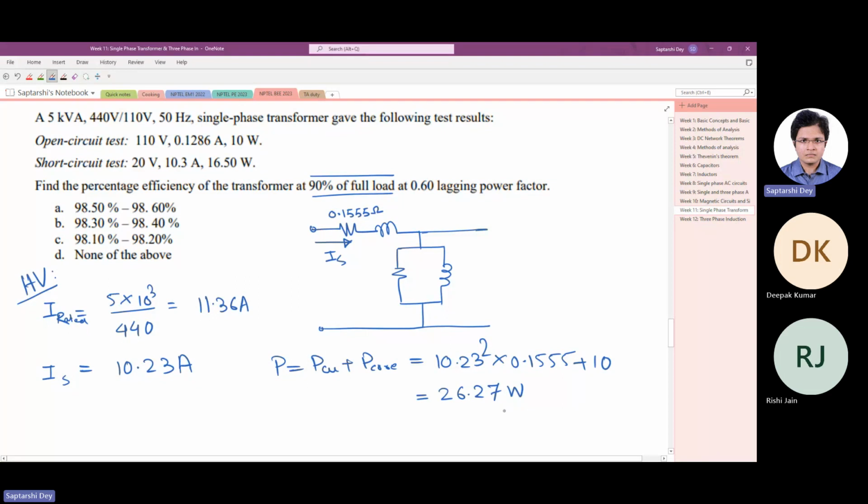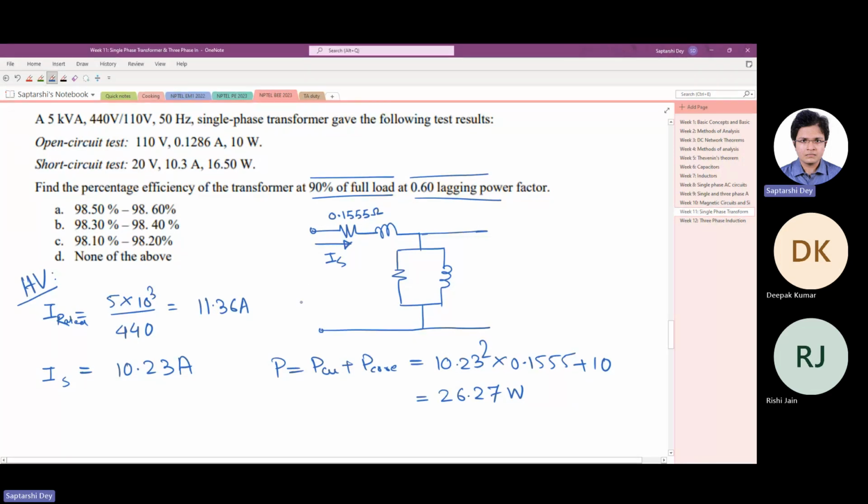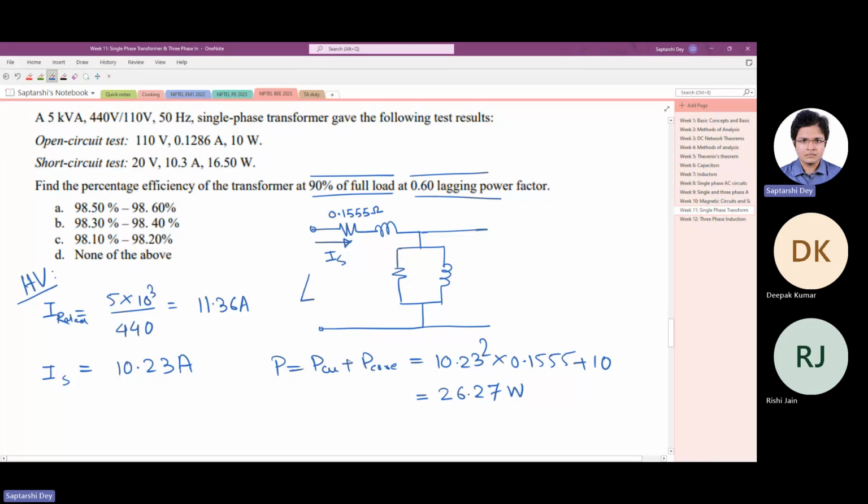Now we have to find out the input power. Now input current is given. This is 0.6 lagging power factor. They have not mentioned whether it is a load power factor or something. Let's take the power factor here as just 0.6 lagging.